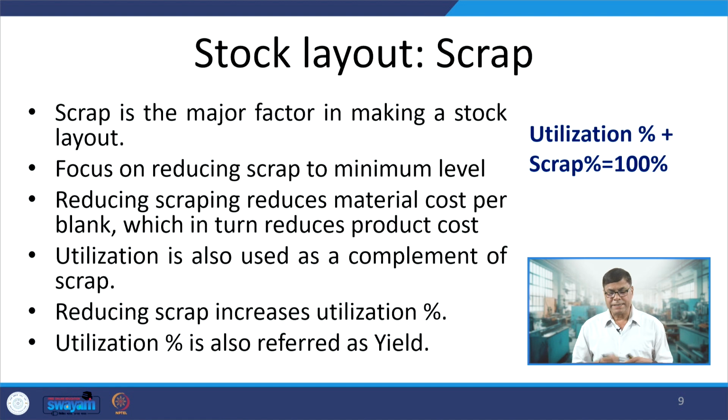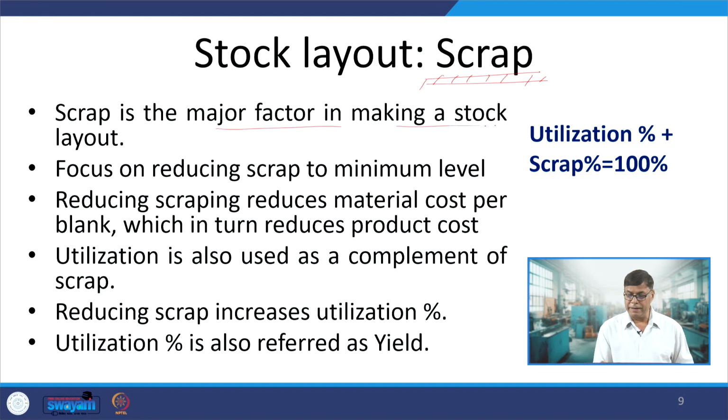The scrap is one of the most important factors used as a basis for stock layout, a major factor in making a stock layout, because focus is on reducing the scrap to the minimum level. Reducing the scrap reduces the material cost per blank, which in turn reduces the product cost. That is why it is important.